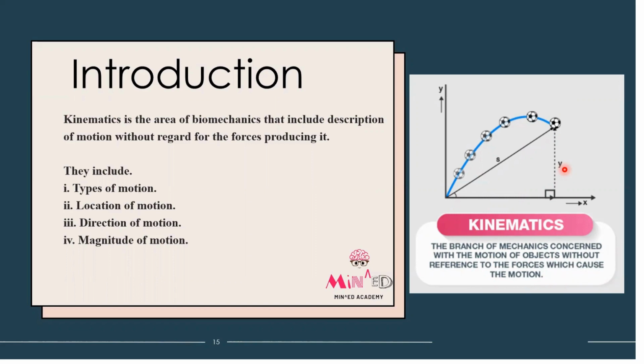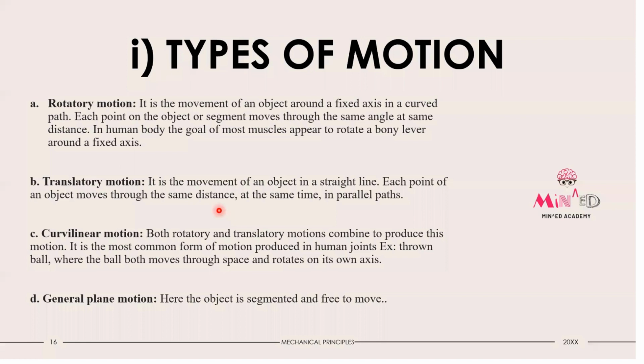Kinetics, forces; kinematics, motion. So kinematics is the area of biomechanics that includes description of motion without regard to the forces producing it. Types include type of motion, location of motion, direction of motion, and magnitude of motion. Okay, so we can divide kinematics into four categories: types, location, direction, and magnitude.